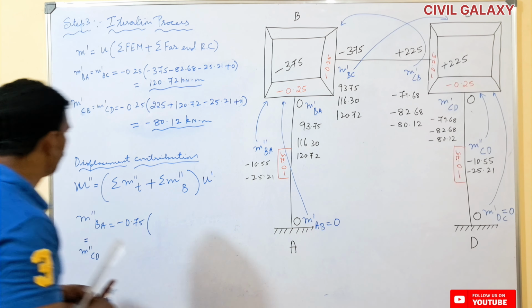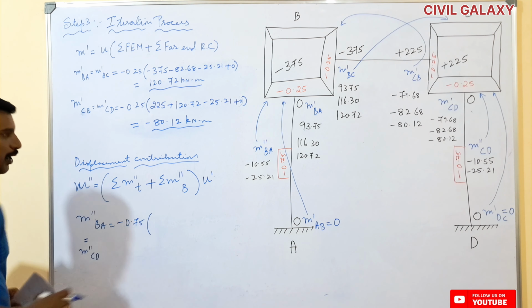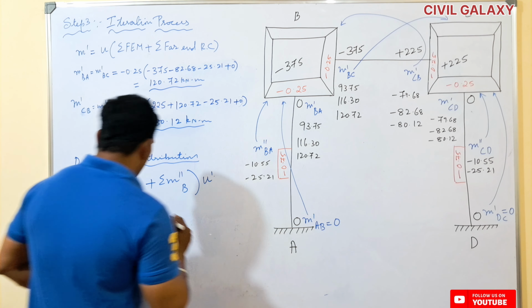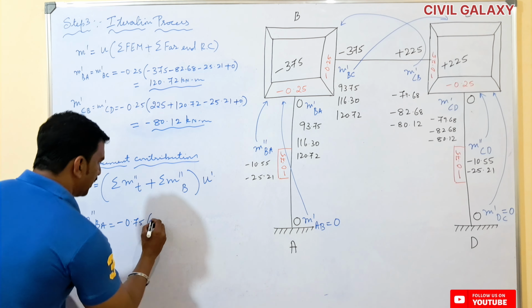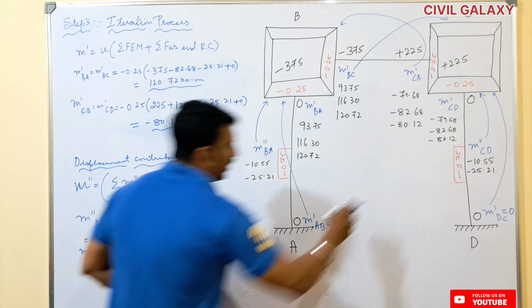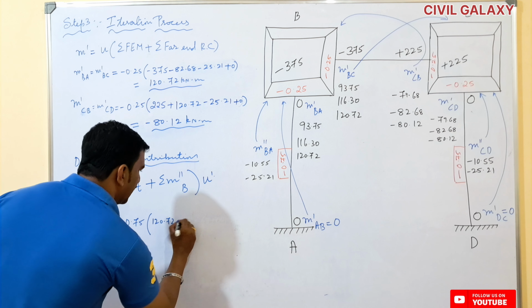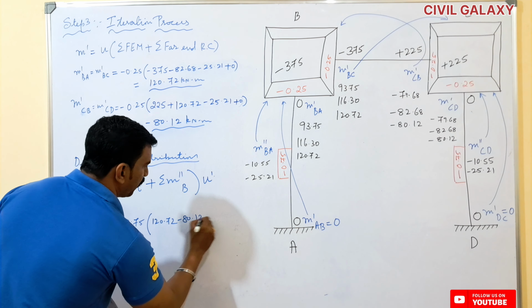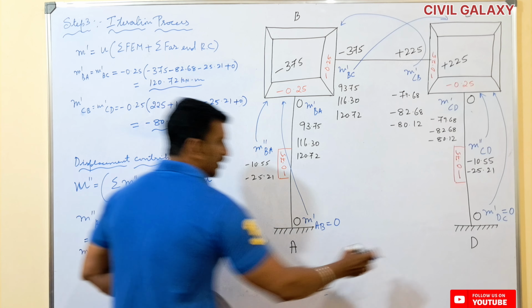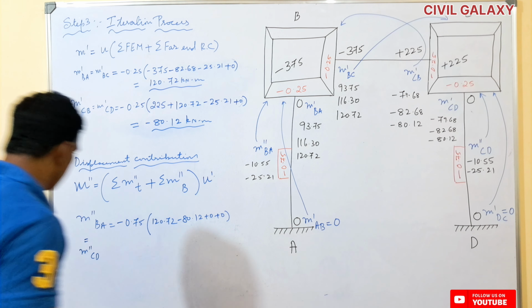So if you want to calculate the displacement contributions over here, for the displacement contribution if we take, we are having a new value over here, that is 120.72, and here we are having a new value minus 80.12 plus 0 plus 0. So 0 about this point and 0 about this point over here.